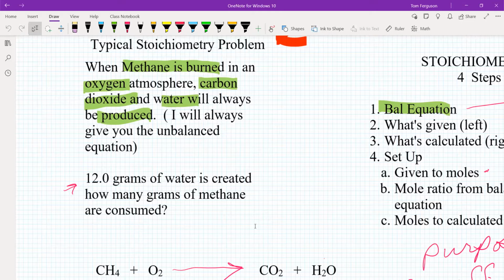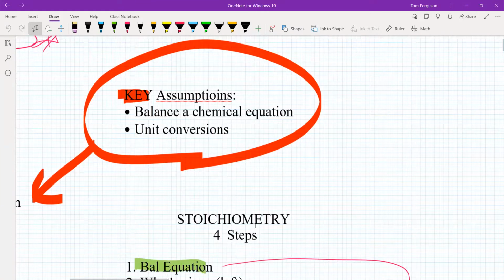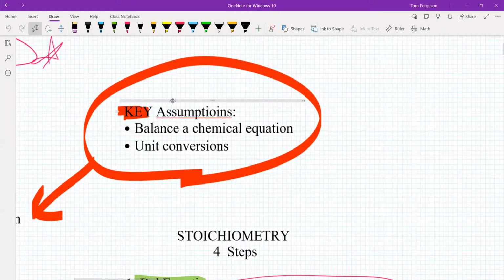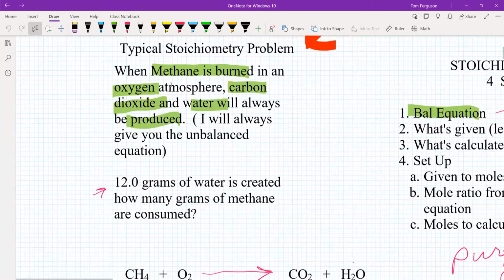So when we do a stoichiometric problem, we have to do two main things: balance a chemical equation and do a whole bunch of unit conversions. In this case, unit conversions are from grams of water to grams of methane.